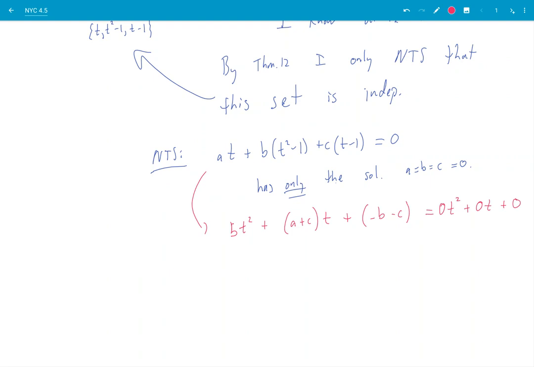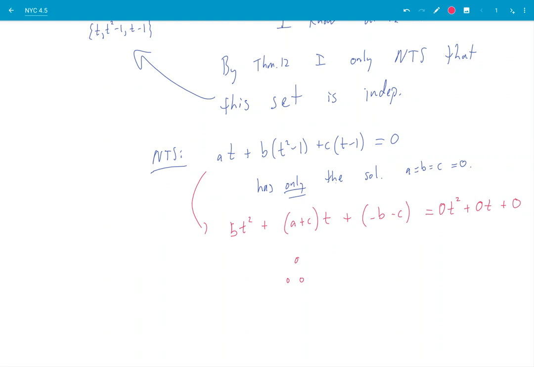Okay, so what's being asserted here is that for any number t, I get 0.